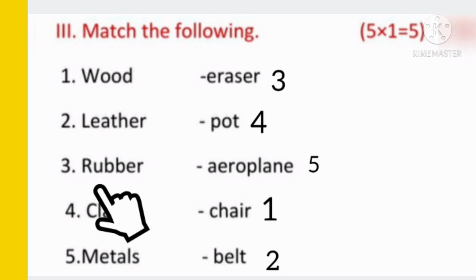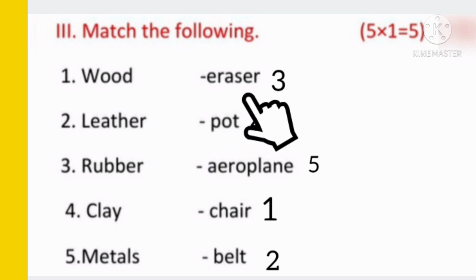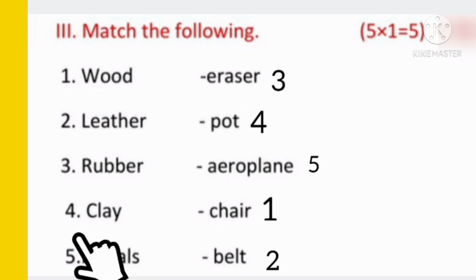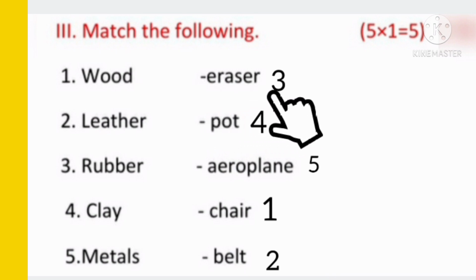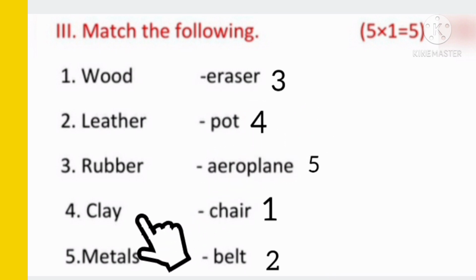Okay, next one, rubber. Which is the right answer? Eraser. Eraser is made of rubber. So, this is the right answer. Next one, clay. Which is the right answer? Eraser? No. Pot? Yes, very good. Pot is made of clay.